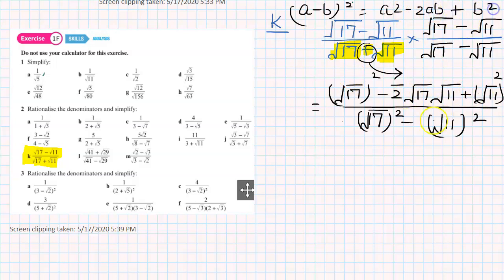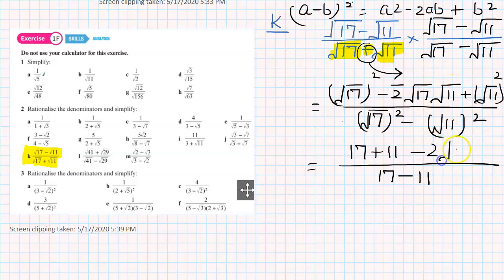I am using this formula here. So the denominator will be root 17 square is 17 minus root 11 square is 11. In the numerator, 17 square, same method, is 17, 11 square is 11, minus 2 multiply 17 multiply 11.